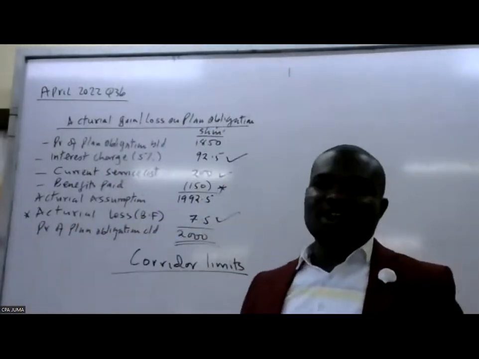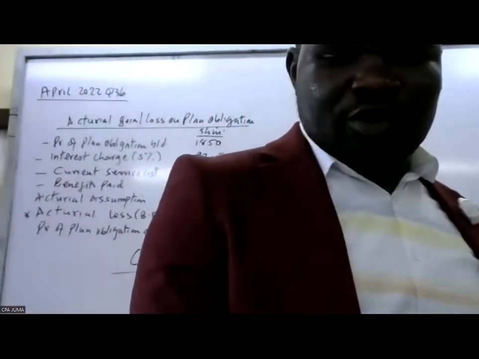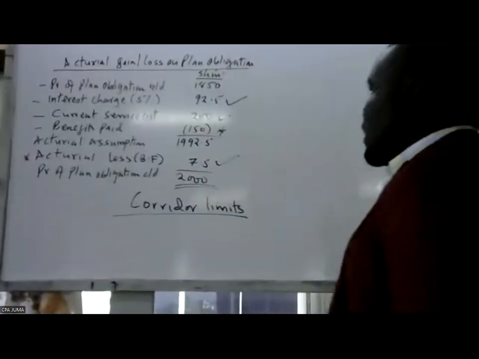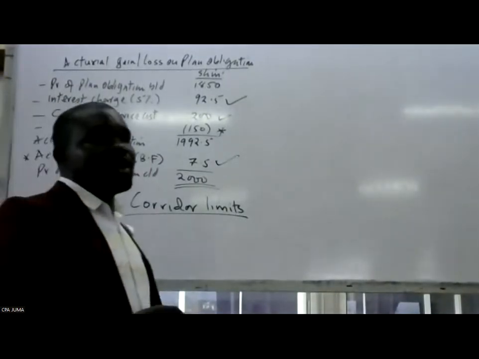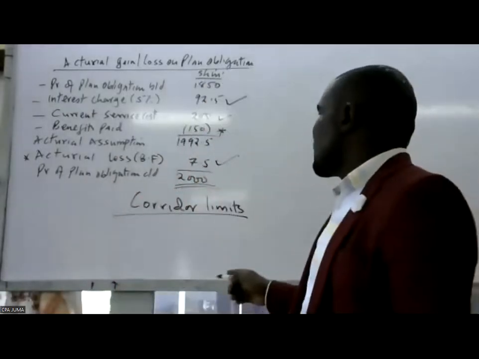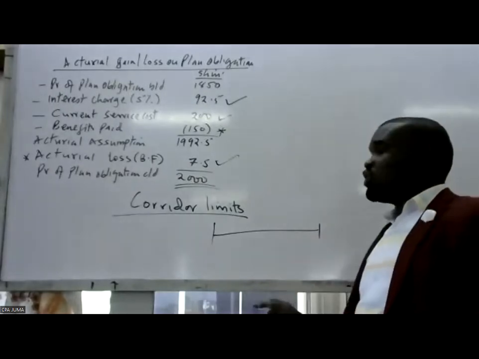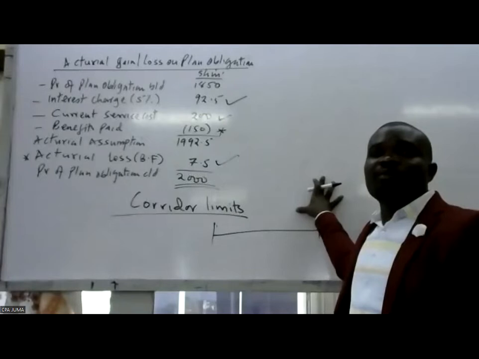So, corridor limits. What have we been doing? Any actuarial gain or loss, we take to other comprehensive income in full. But there's a situation where we agree that any gain or loss within the normal contribution should not be credited to other comprehensive income.